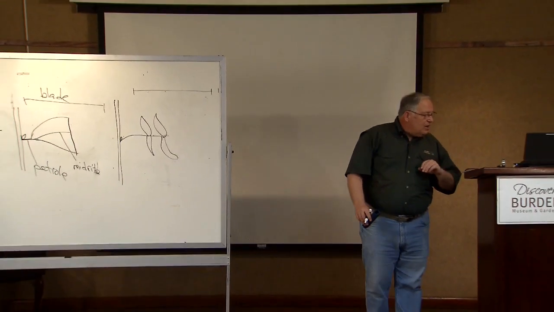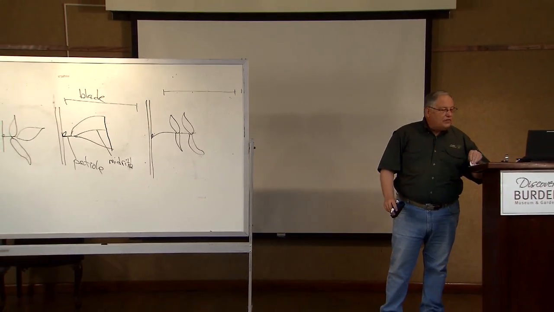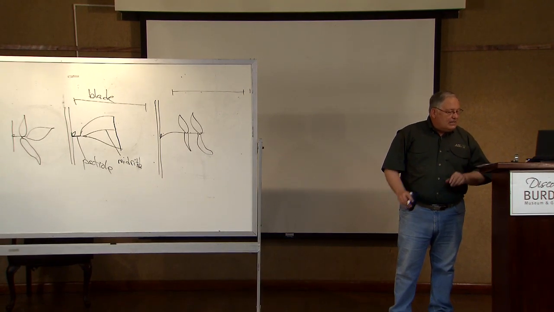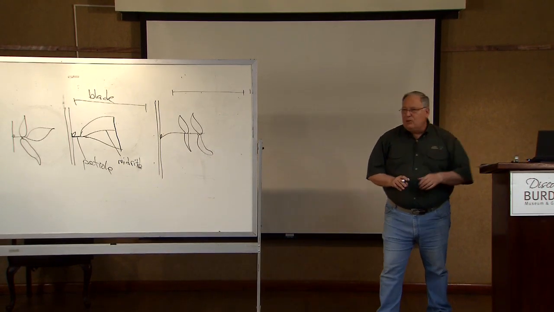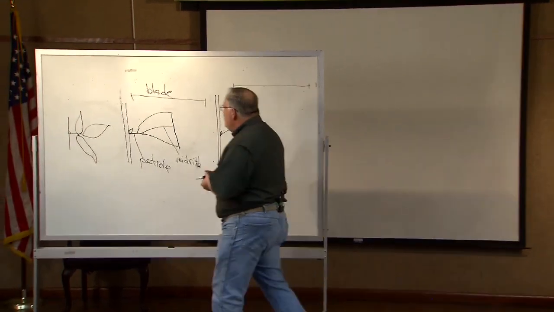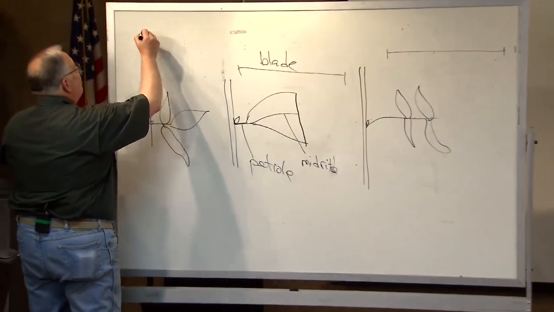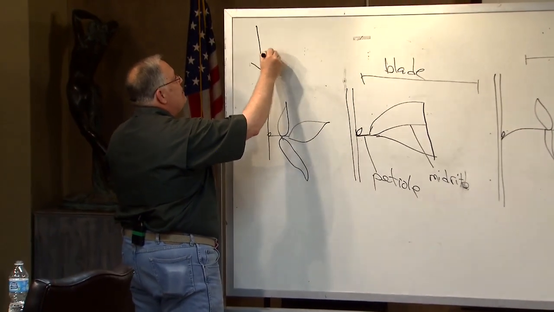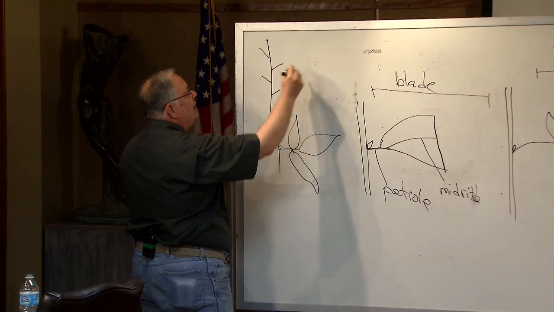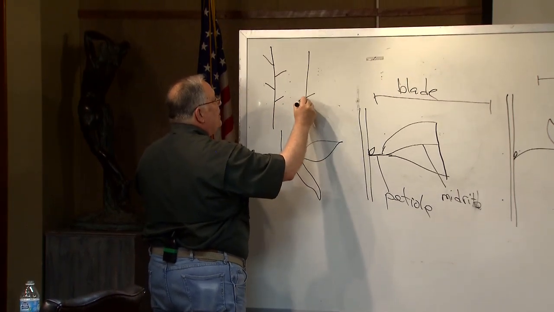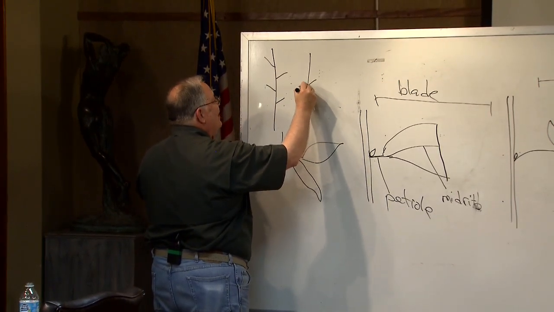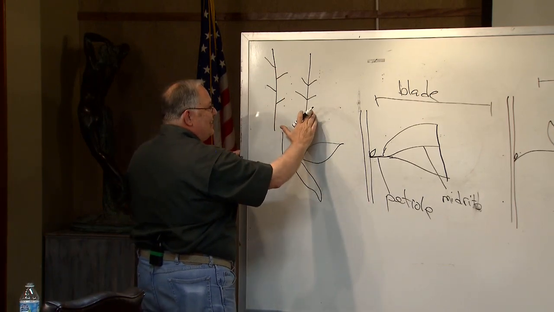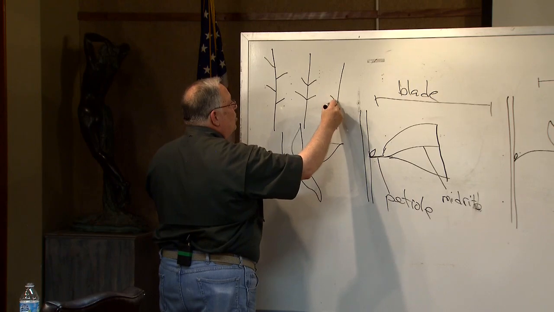There are some other terms on arrangement and types of leaves that we don't need to belabor too much. I doubt if anybody's going to give you a test and have you label all the different leaf arrangements. But do be aware of some of the basics. One of the basics is how the leaves are arranged on the stem, and they may be arranged alternate, opposite, or whorled.